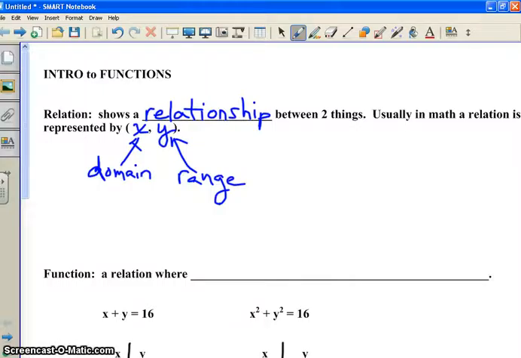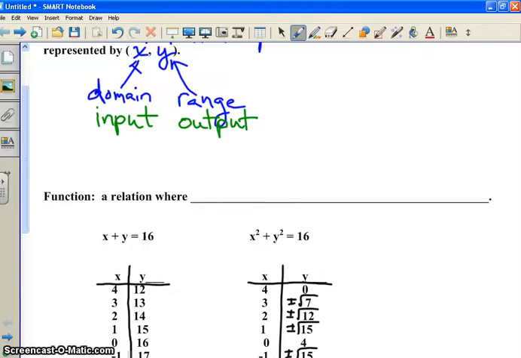And we'll also sometimes talk in terms of a function, the x being the input, or the number you are plugging into the equation or the function, and the y is the output. What you get is the answer when you plug in a certain number for x. Now for the all-important word function.